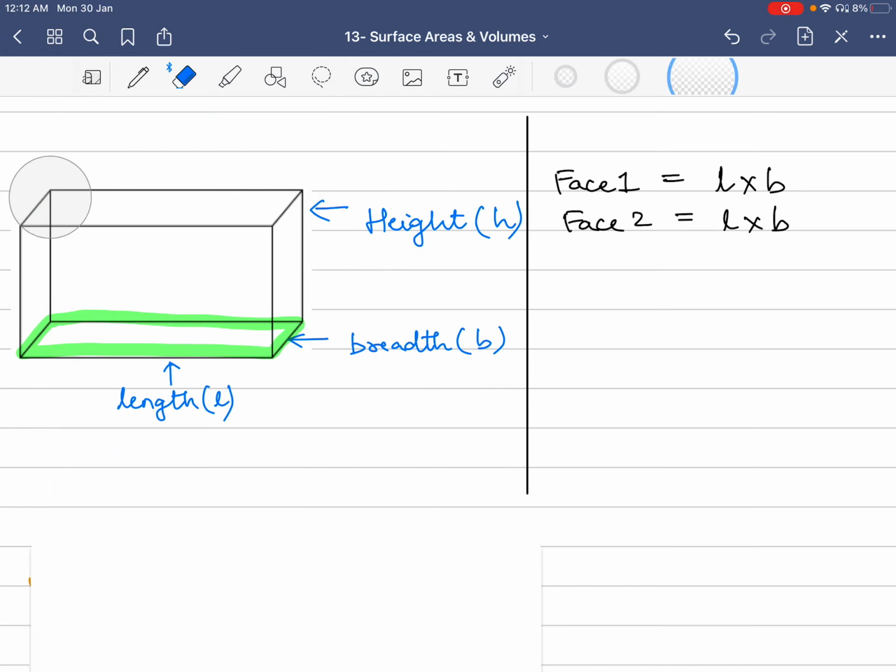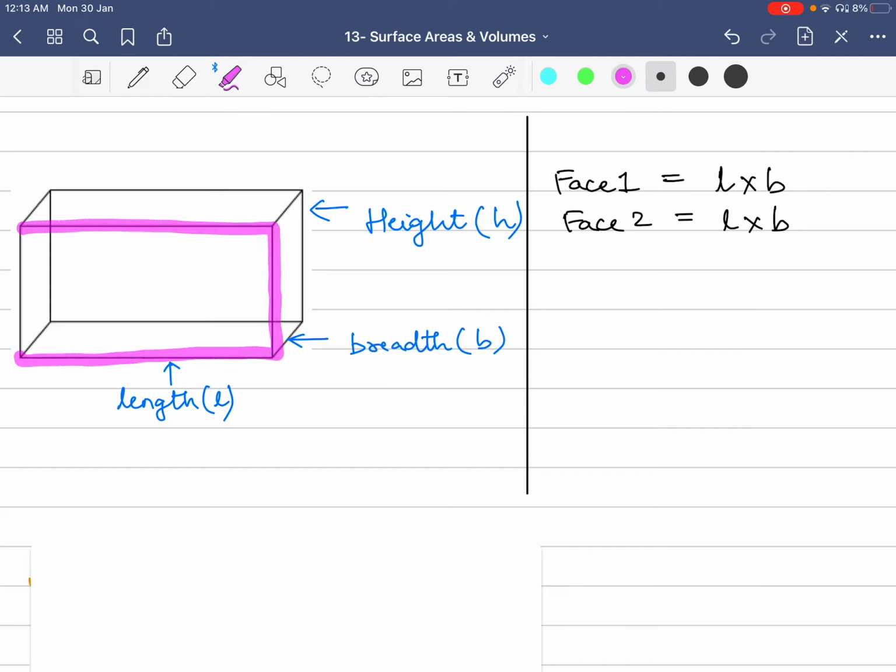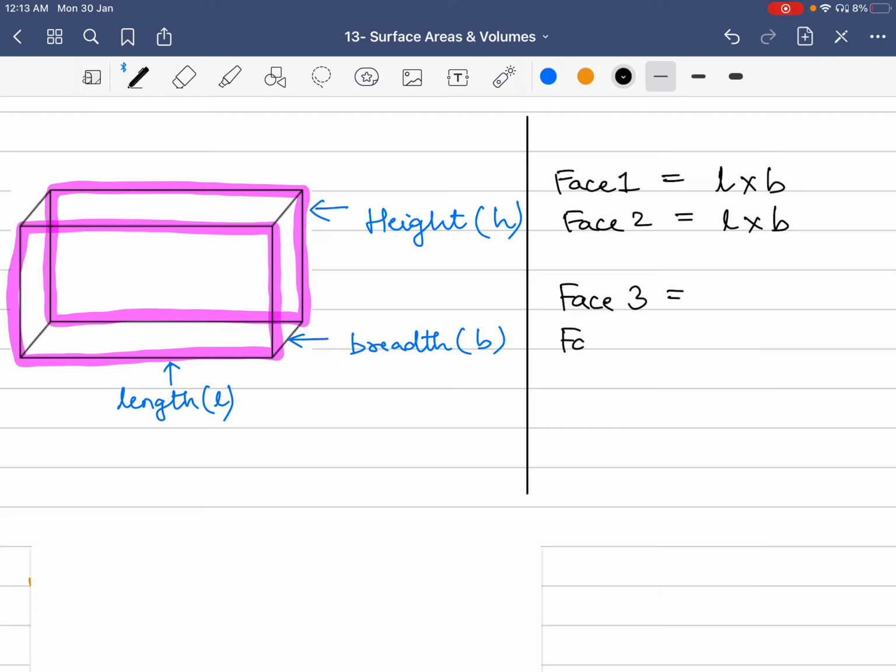Now focus on these two rectangles. This is the front rectangle that I'm going to highlight here, and again this is the back rectangle. Both these rectangles are also faces of the cuboid. So I'm going to write here face 3 and face 4.